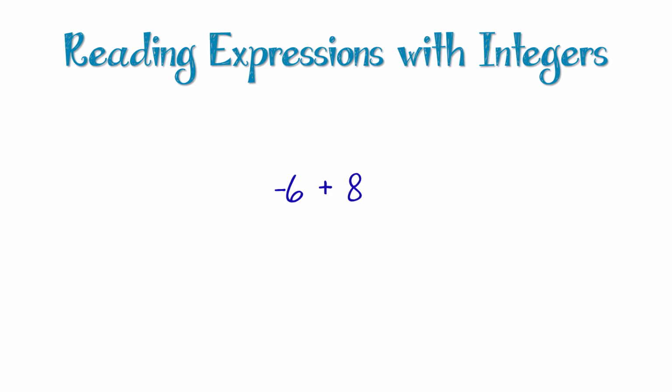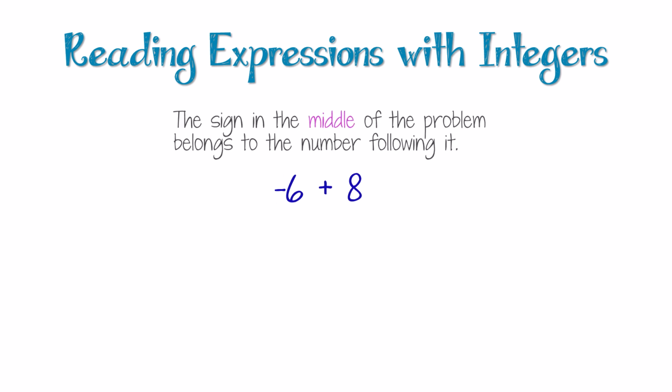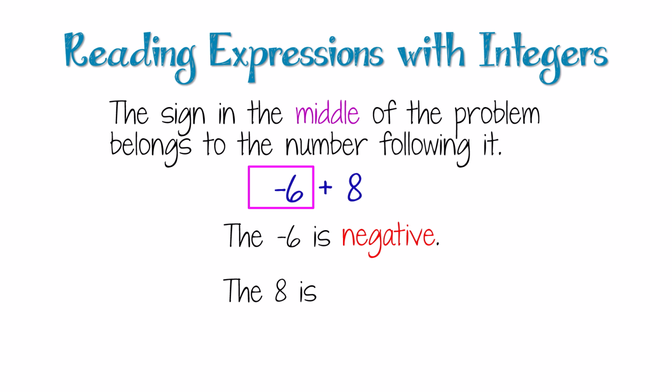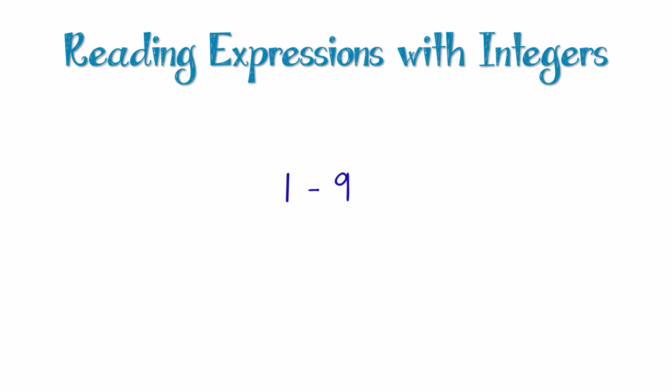In the expression -6 plus 8, the sign in the middle of the problem, the plus sign, belongs to the 8. So the -6 is negative because of the negative sign in front of it, and the 8 is positive because the plus sign makes the 8 work like a positive number.